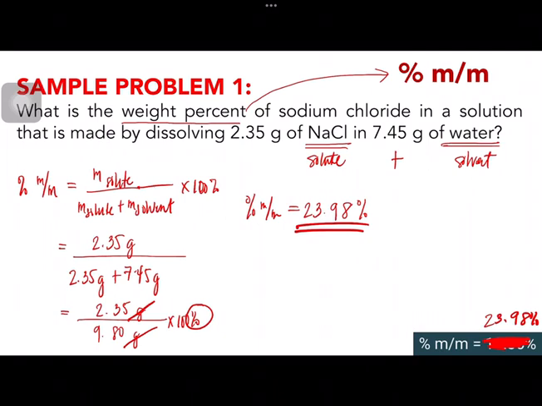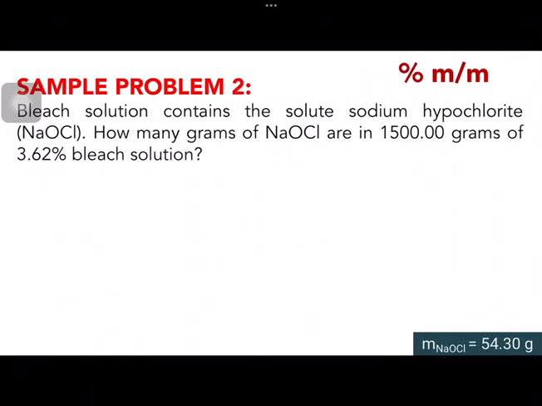Sige, try pa tayo ng isa pang problem. So, sample problem number 2, bleach solution contains the solute sodium hypochlorite or NaOCl. How many grams of NaOCl are in 1,500 grams of 3.62% bleach solution? Okay, so ngayon, ang hinahanap naman dito ay, sabi dito, how many grams of NaOCl?